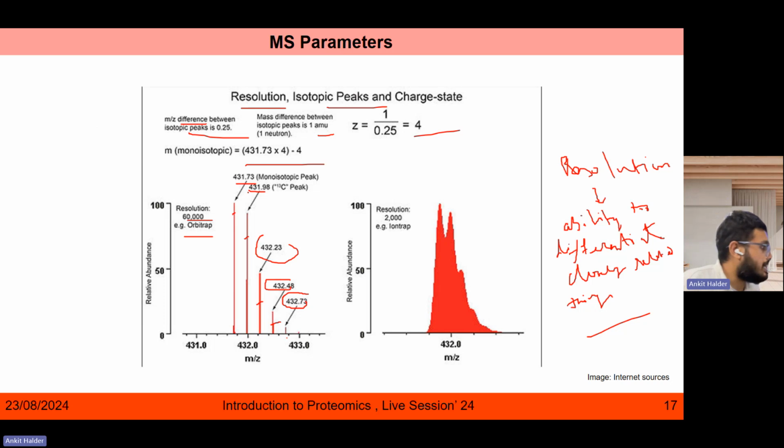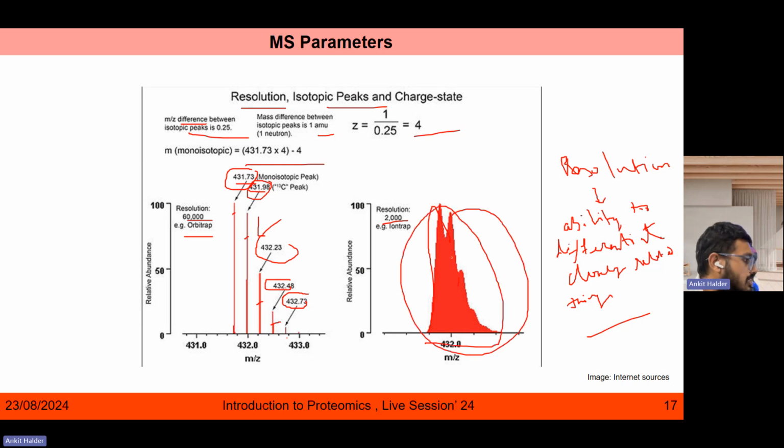So you can see that each and every closely related m/z peak can be deconvoluted, and you can get sharp peaks. But if your resolution is low, you cannot get a single sharp peak for each m/z, and for the 432 m/z you are getting this kind of peak.